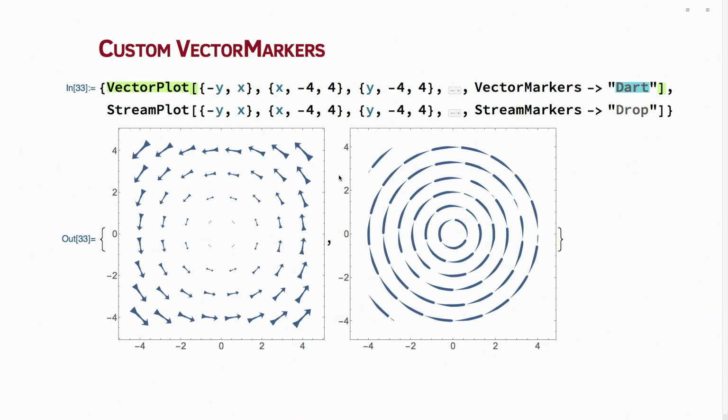And so we have Dart being used on this vector plot, and it's sort of a fancier arrow. Dart and Drop, which is being used for the stream plot, both go back to version 7, but it was this weird syntax using vector style goes to this string, and if you wanted that shape and it to be red, then there were further magic incantations that I always had to go back and check emails to see what they were.